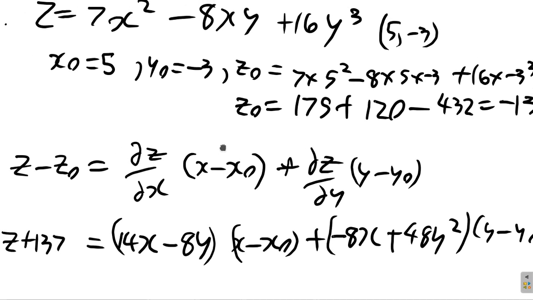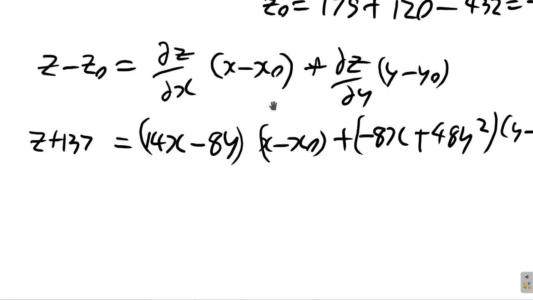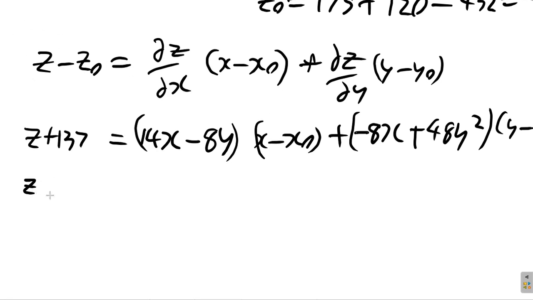But remember, x naught was what? 5. So I could just put 5 here. Oh, alright, let's leave it alone and then do that in the next line. So z plus 137 equals.